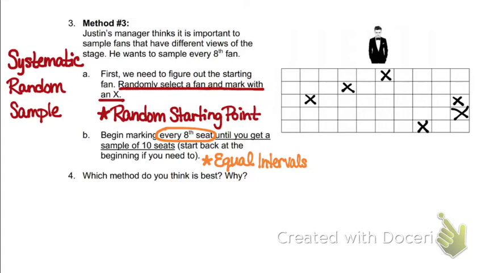I've got 6 right now, so I'd still need to do it until I have a total of 10 X's on there. So every 8th seat, I'm going to put an X. Once you have 10 X's on this last one, you can stop.